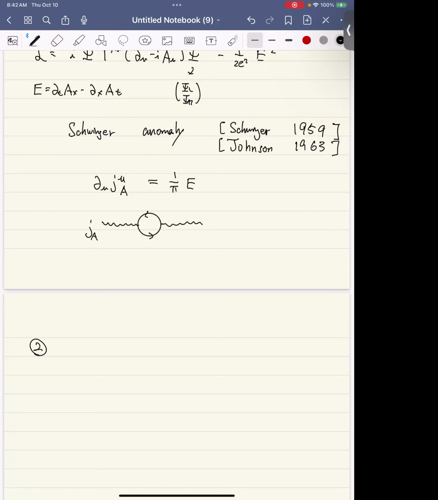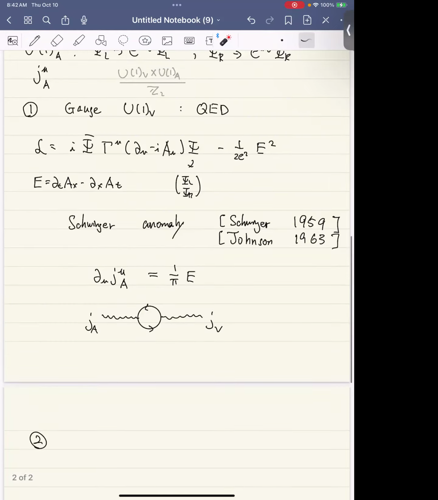You have J_A here, J_V here. This is really the simplest anomaly possible. I think probably many people first learned the ABJ anomaly in 4D, and that corresponds to a triangle diagram. But this is the even simpler version of that in 2D, where it's just a two-point function.